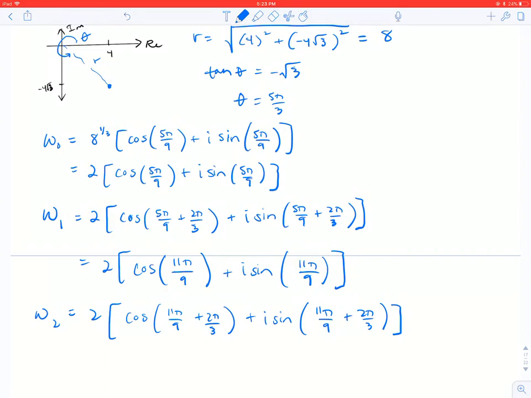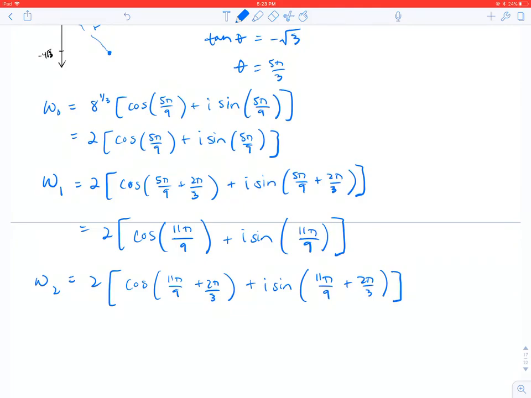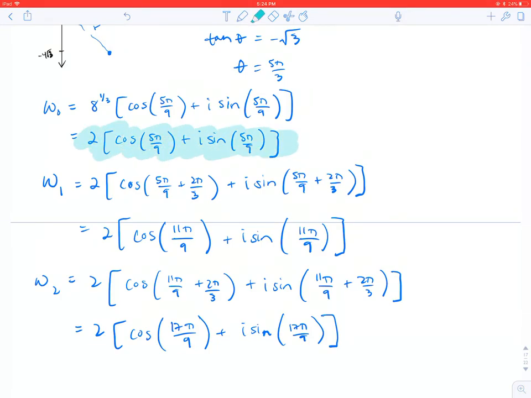And if our angles were in degrees, we could add 360 degrees divided by 3 until we had all the roots we needed. So that will be cosine of 17 pi over 9 plus i sine 17 pi over 9. So then we have our 3 roots.